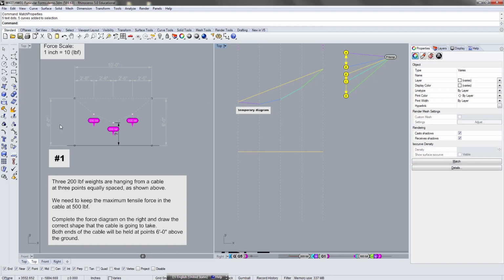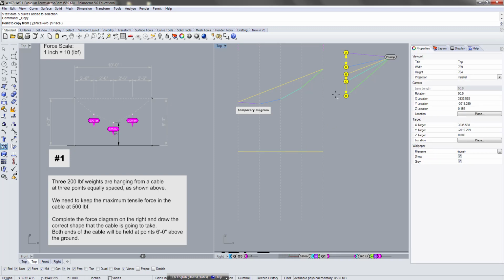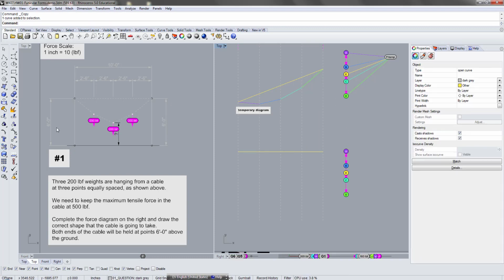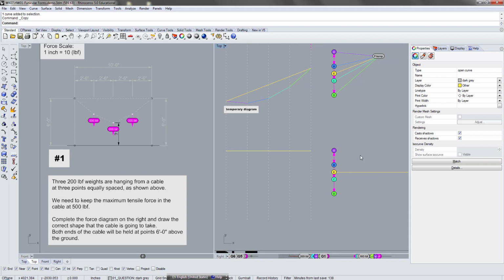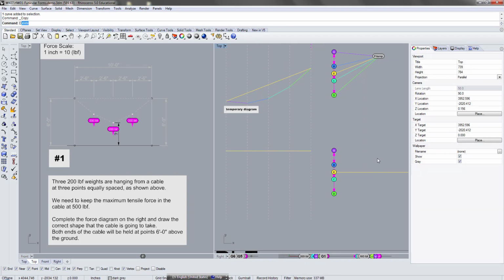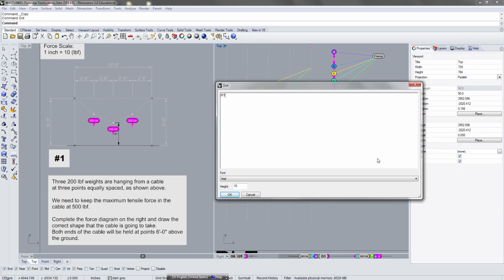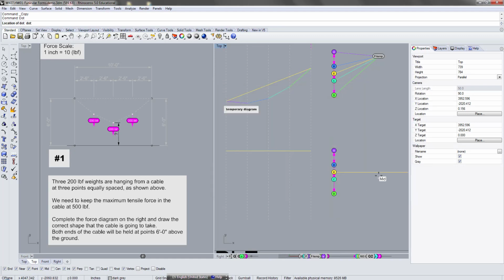So I'm going to move this here. So this line, which is the closing line here, should pass through point E, as well as it should pass through point P. So point P will be somewhere along this line, which we don't know where yet.